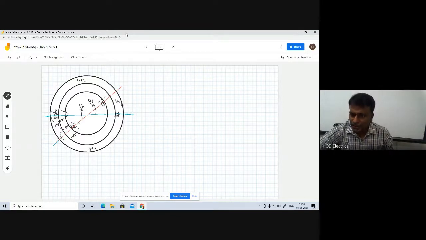Here the current is away from the book page, so the magnetic flux linkage will be in the opposite direction.